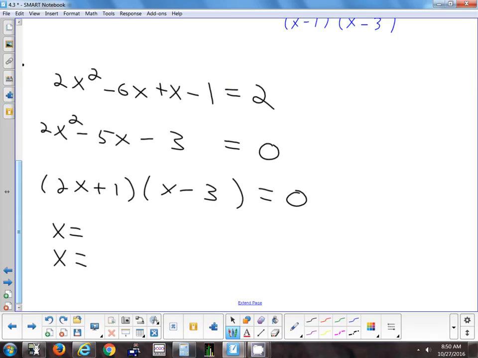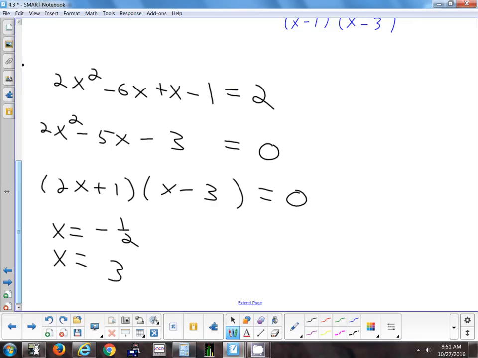What would make the first factor 0? Negative 1/2. What would make the second factor 0? 3. Before I circle those answers, I have to check to see if they're extraneous. Three cases can happen: they both work, they both don't work, or one works and the other one doesn't.